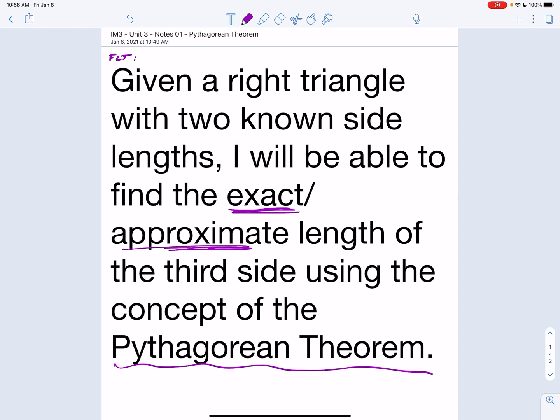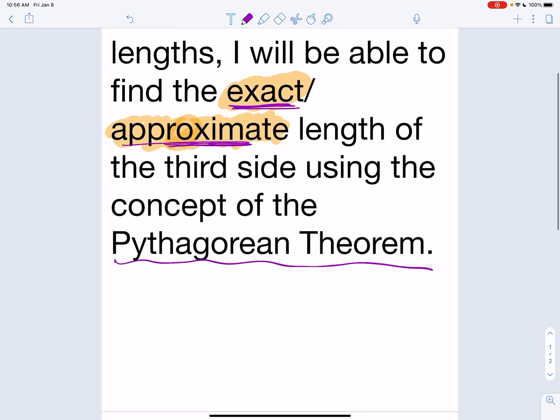But even if you haven't seen it or might not remember, this will serve as a good refresher for you, okay? Something to keep in mind, you want to make sure that you know the difference between exact and approximate. I'll go over those in every problem.